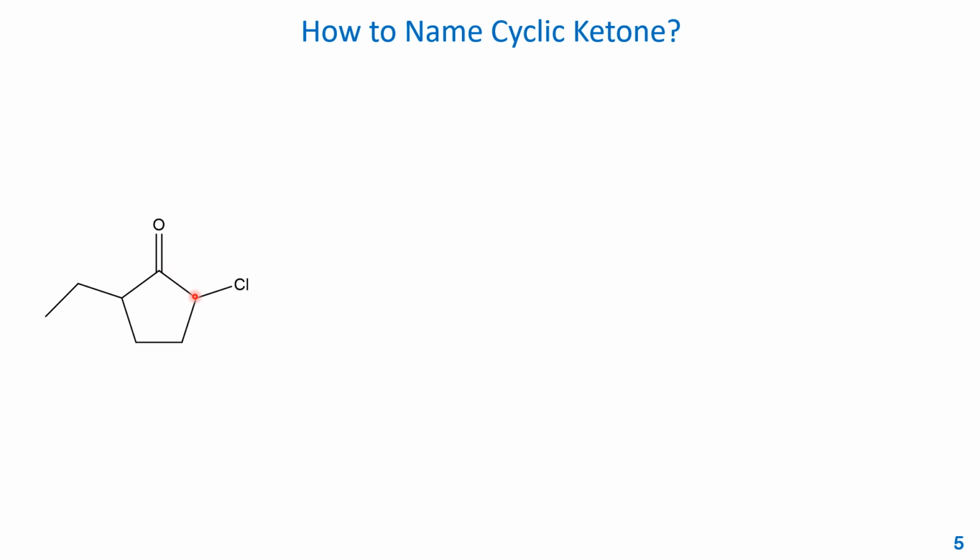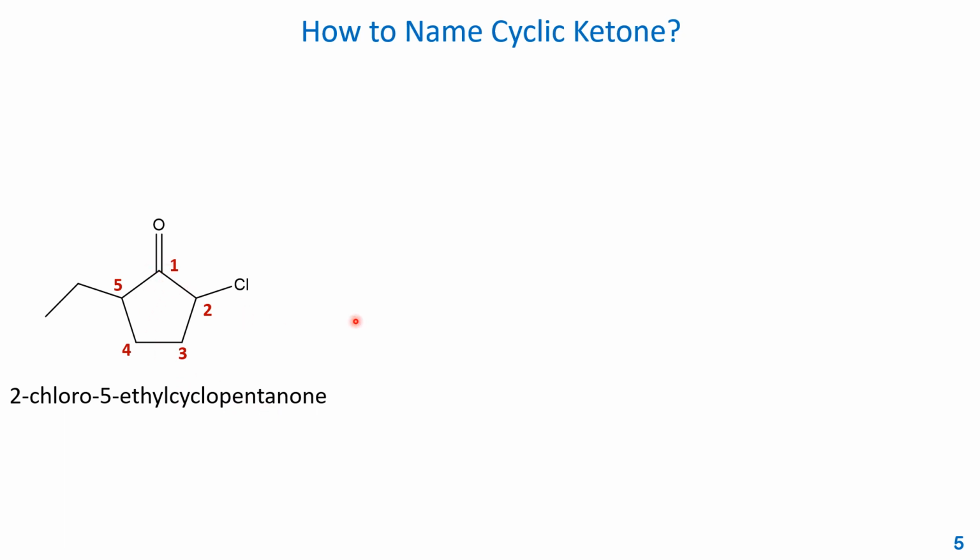Then you can go this way or this way. It seems like you have the same numbers for these 2 substituents. Then you have to use alphabetical order to break the tie. So that's 1, 2 because chloro versus ethyl. Okay, 3, 4, 5. So the name will be 2-chloro, 5-ethylcyclopentanone. You don't have to say 1-cyclopentanone because this carbon is default as 1.